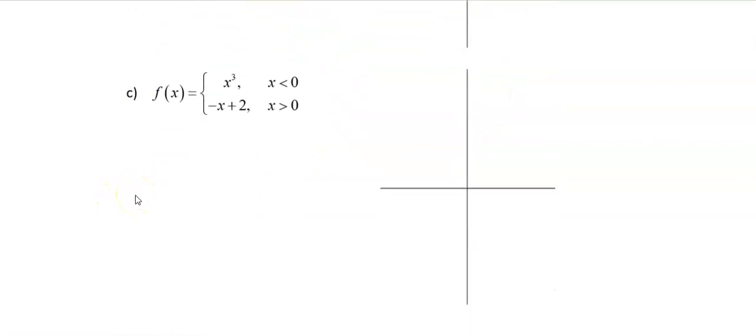And the third one they have there is a piecewise function. And piecewise functions usually, not always, but usually result in something called a jump discontinuity. In fact, if you were to graph this one, you would graph x cubed for x less than 0. Now notice less than, so there's a hollow dot right there, and there's your cubic function when x is less than 0.